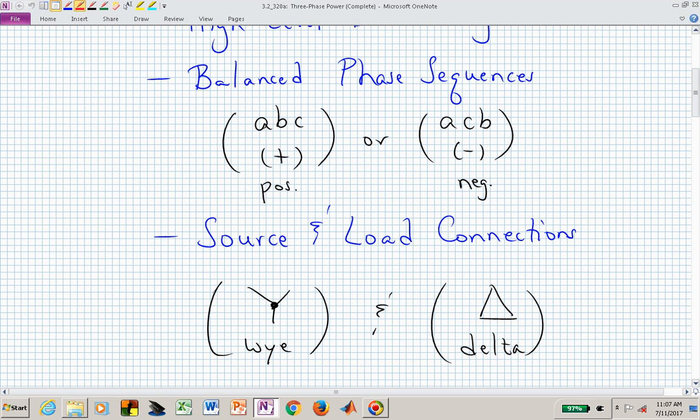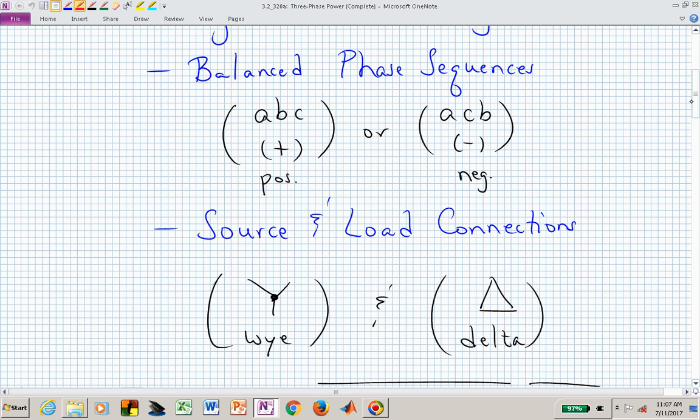We'll illustrate what that means and how the different voltages are related in the A phase, the B phase, and the C phase. Remember, we have a three-phase system, and now we simply classify those as an A phase, a B phase, and a C phase. We will also then look at how a source and or a load are connected, be those in a Y configuration or a delta configuration.